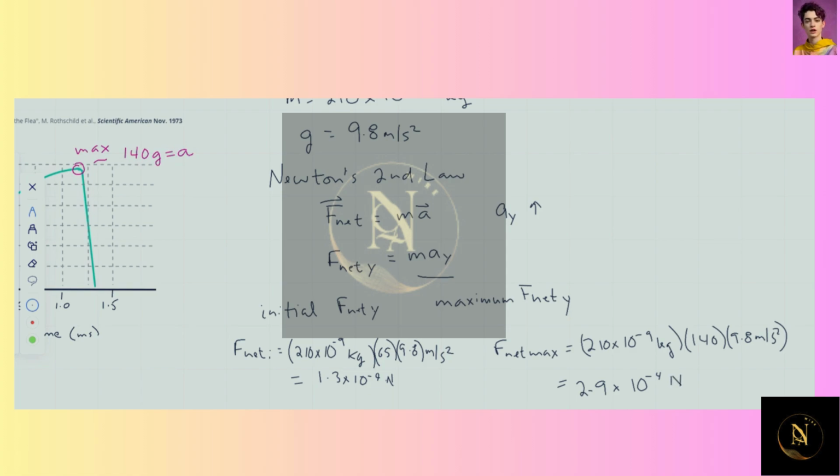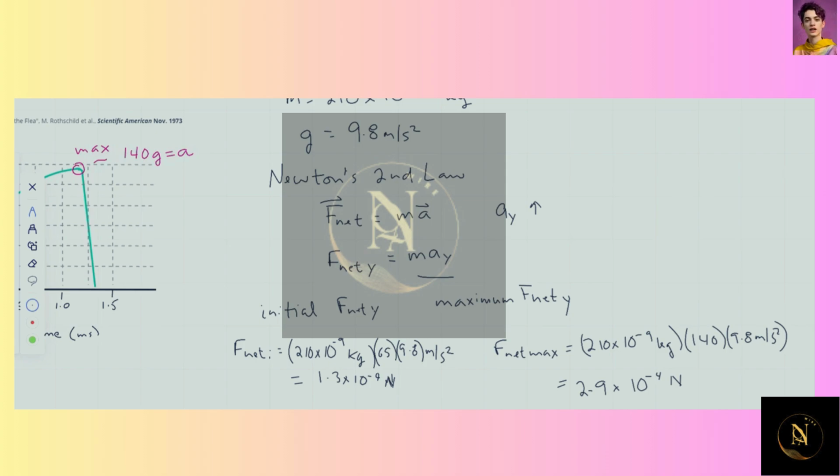Okay, yep. So the nice thing about reporting these accelerations in terms of g is we can see how much force the bug can produce with its legs compared to its weight.